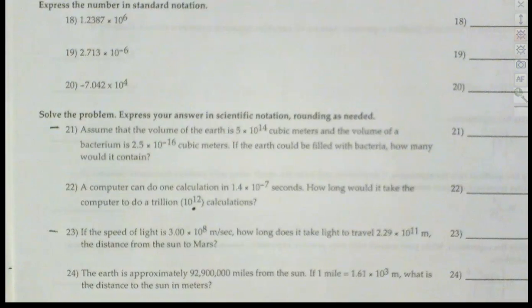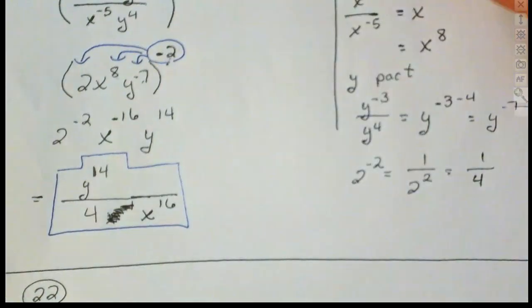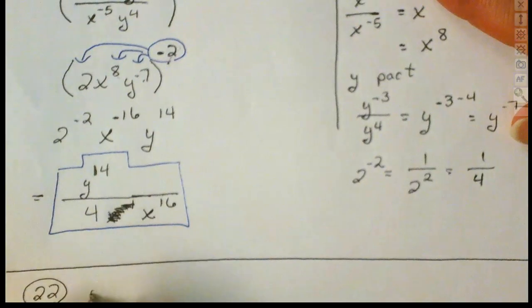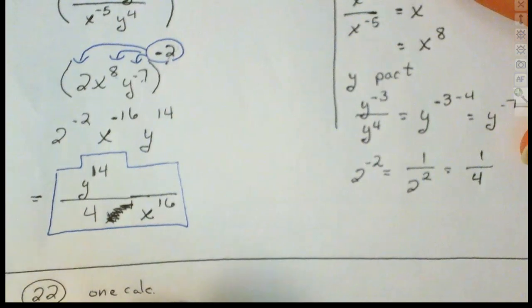Okay, so when we look at this, we've got how long it takes the computer to do a calculation. So how long does it take a computer to do one calculation? To do one calculation, it takes 1.4 times 10 to the negative 7th power.